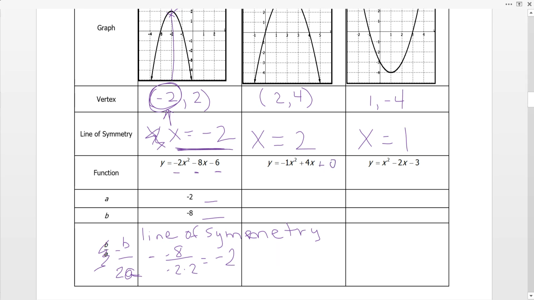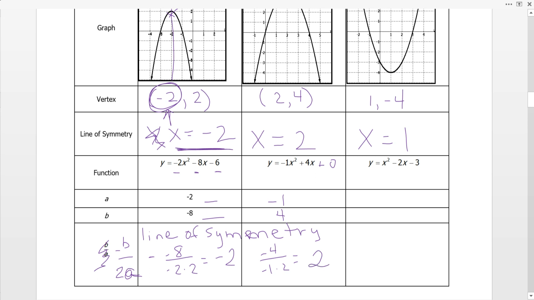Okay, so the second one is missing its C value. You could think about it as having a plus 0, but we don't need that because we're just doing A and B. So A is -1, B is 4, and so the line of symmetry is going to be -4 divided by -1 times 2. Two negative signs make it positive. 4 over 2 equals 2.